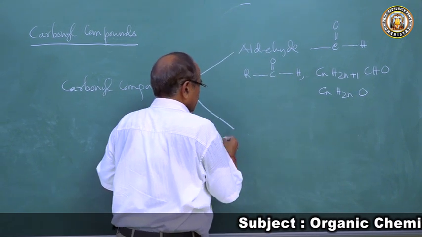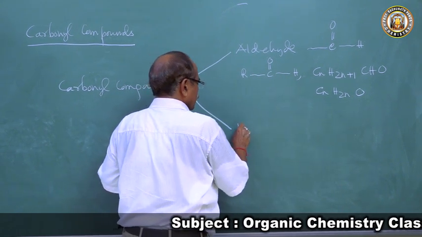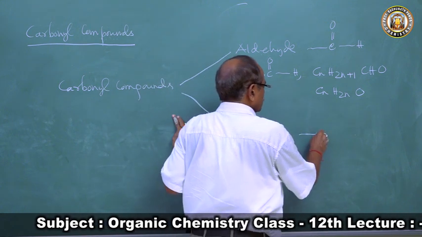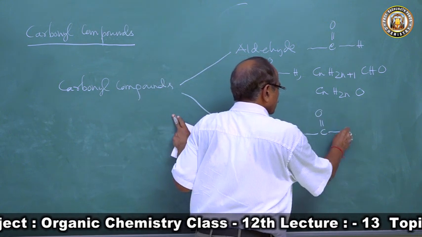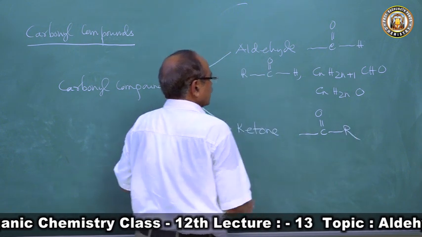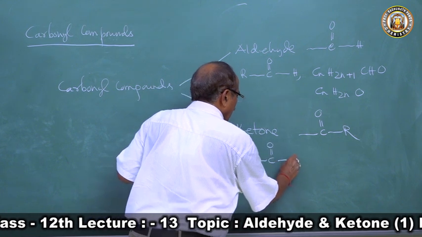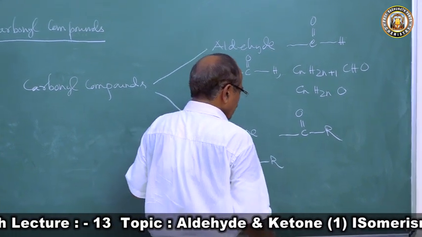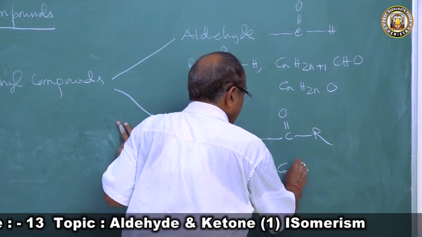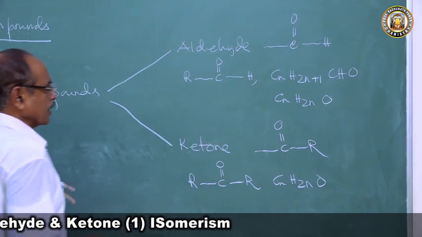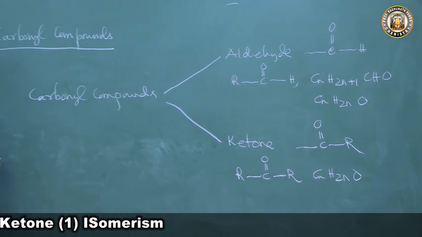And the other is ketone, where the ketonic group is COR, with the formula RCOR and the molecular formula CnH2nO.